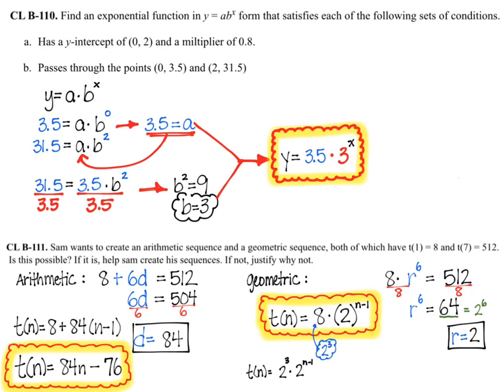And so we could take this exponential equation here and write 8 times 2 to the n minus 1 as 2 to the 3rd times 2 to the n minus 1. Now I am multiplying like bases, and if I'm multiplying like bases, we would add those exponents, and so you would get 2 to the n plus 2. And this is really nice because it is a completely simplified form of the geometric sequence. But either one of these would be fine.